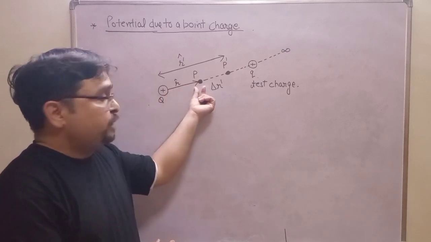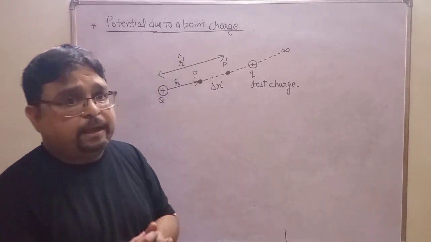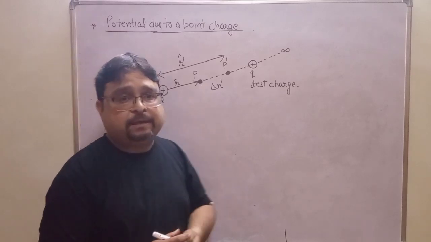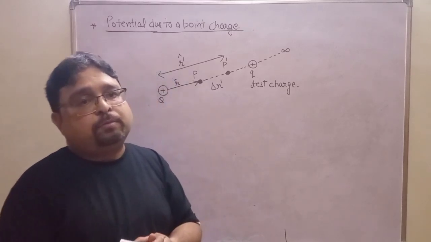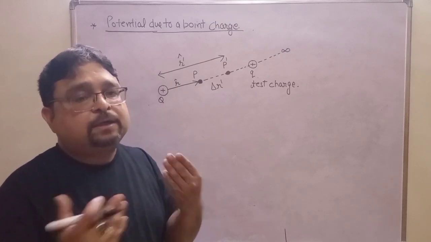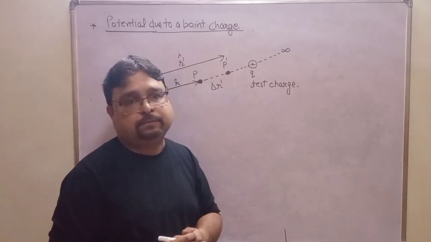Now, how to find out the potential at this point P? From the definition, we know that the potential at any given point is the work done in moving a unit positive charge from infinity to the point.